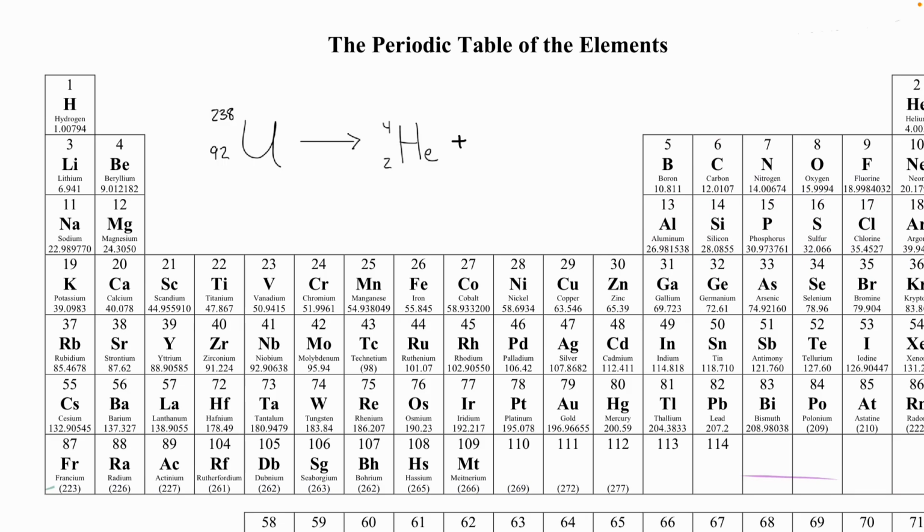All right, so when we're balancing these nuclear reactions, there is a very simple principle that we're going to apply here, and that is this idea of conservation of matter. Protons can't be created or destroyed. Neutrons can't be created or destroyed, right? So that means that the number of protons on my reactant side has to equal the number of protons on my product side.